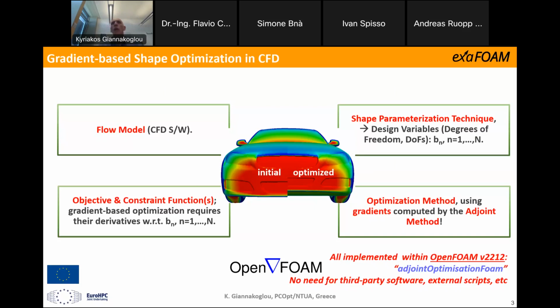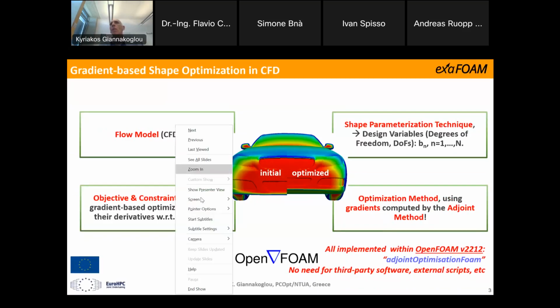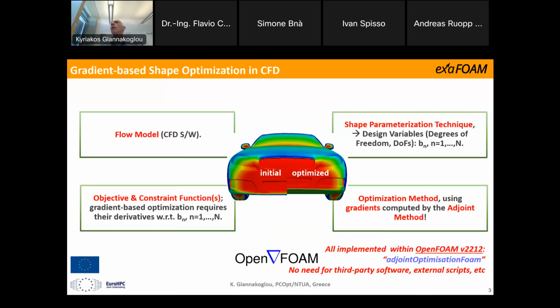We also need to have some objectives, at least one objective and some constraints. And on top of that, we need to have an optimization method. Regarding optimization method, we might have access either to gradient-free or gradient-based methods.